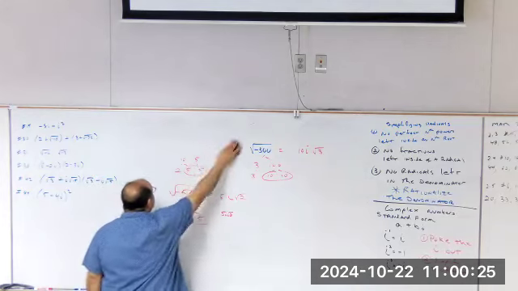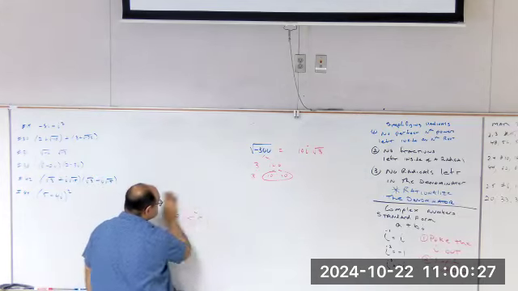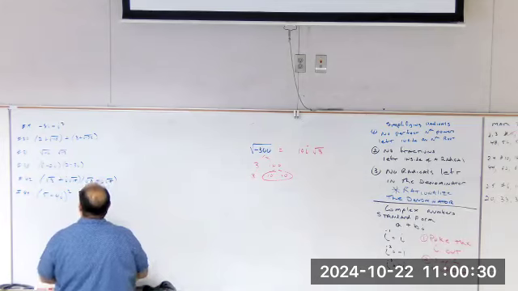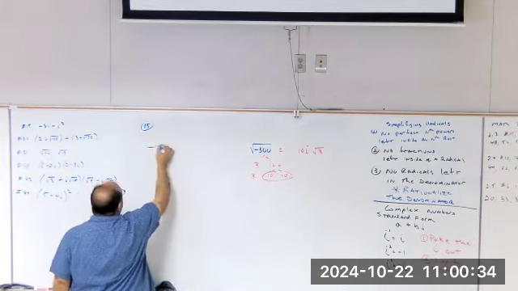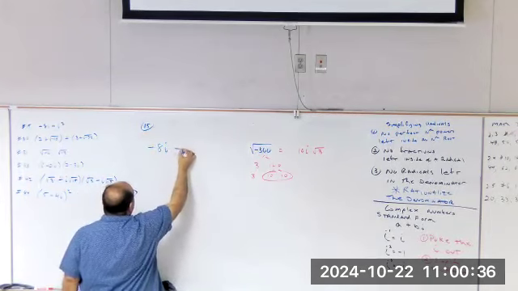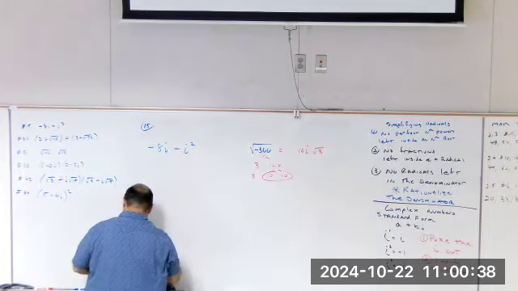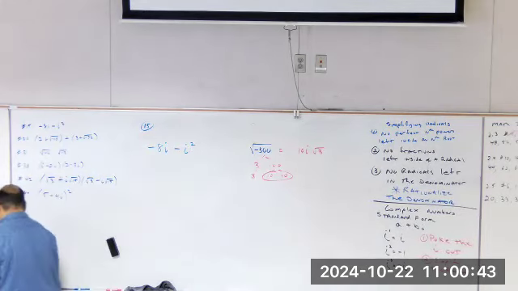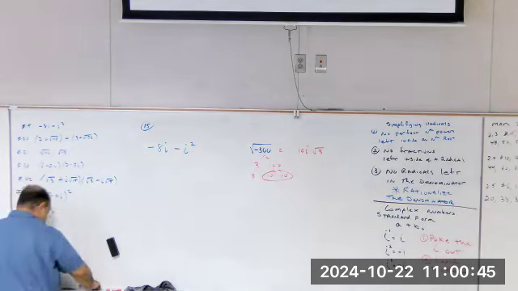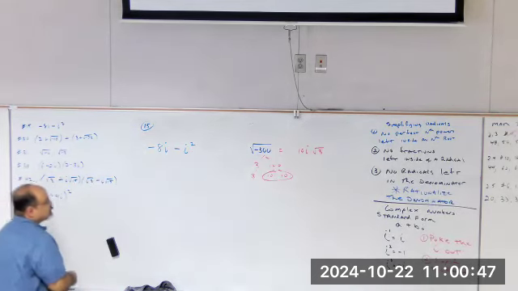So now, number 15. Negative 8i minus i squared. The order of operations.